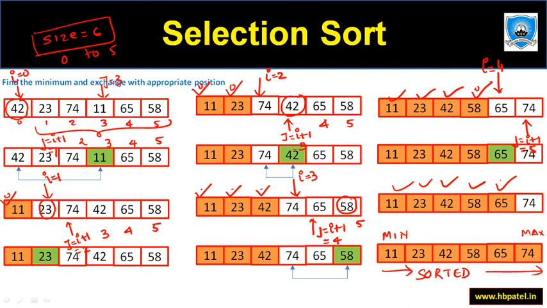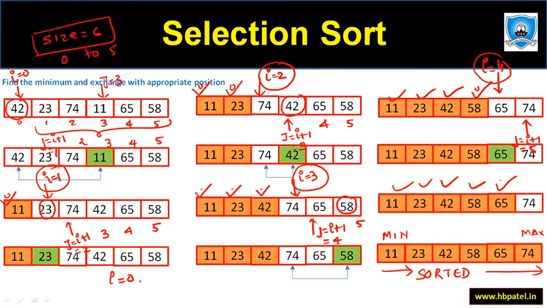Now let us try to understand this from the point of view of the program. Our i starts from 0, then i equals 1, then 2, then 3, then 4. So we are going all the way up to 4.